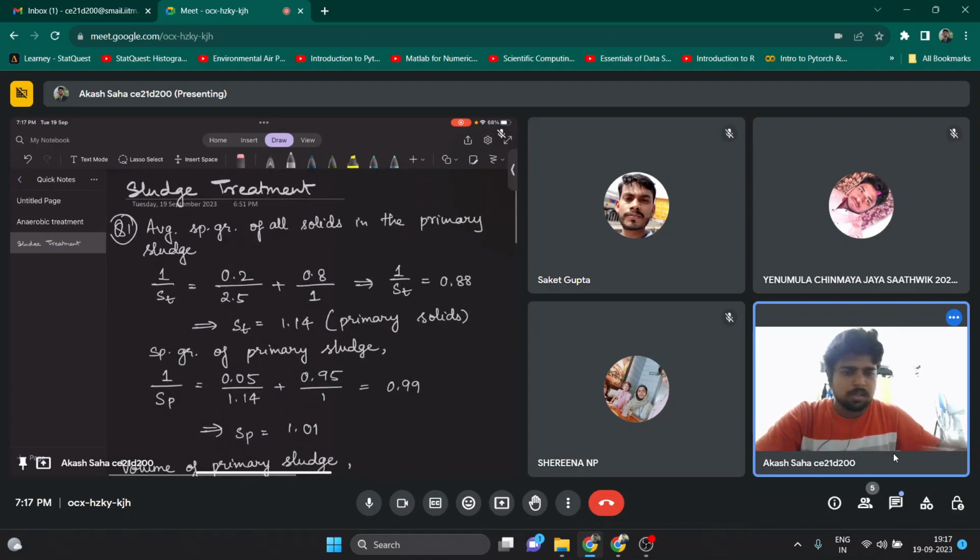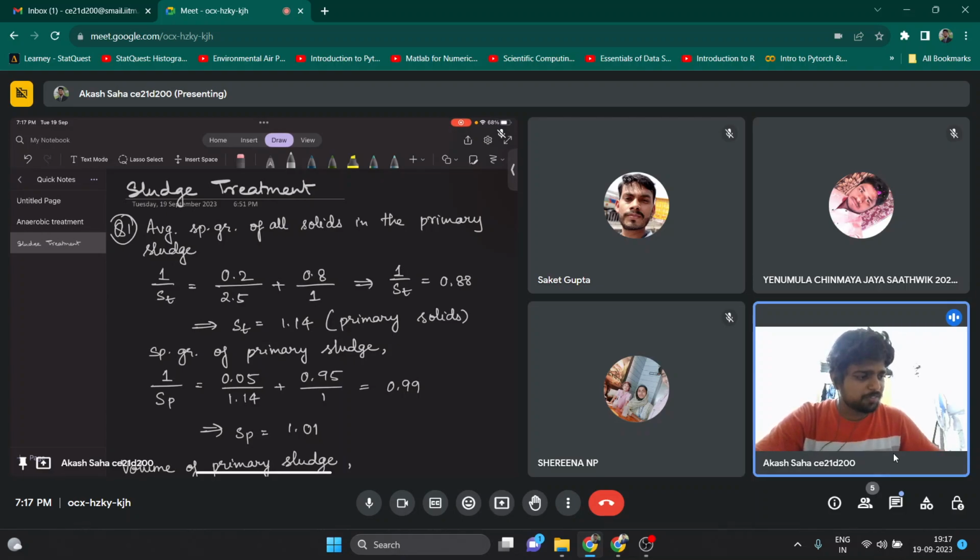revision. So there is 500 kg of dry solids. Both the primary sludge constituents characteristics and the digested sludge characteristics are given. We have to find out the volume percentage reduction in that sludge.